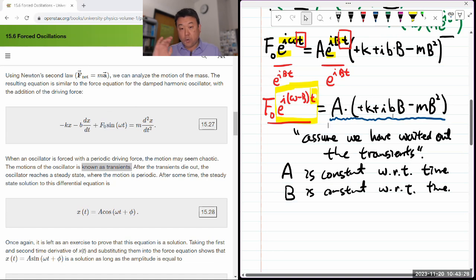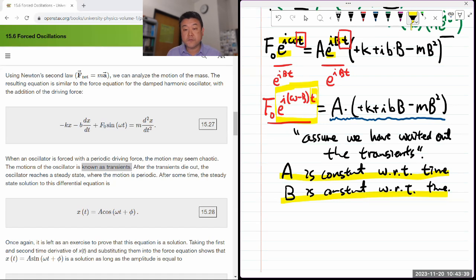So the only way this equation can work with A and B constant is to have the time dependence go away.